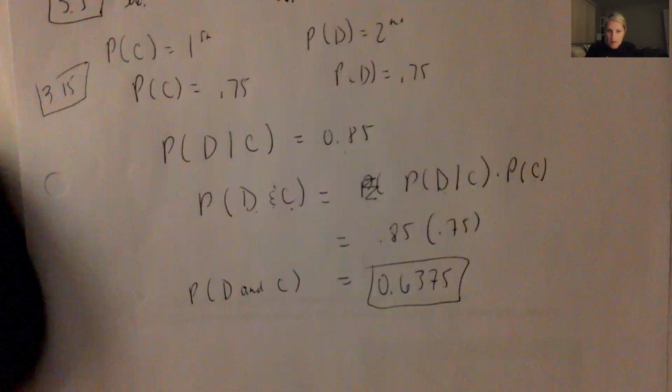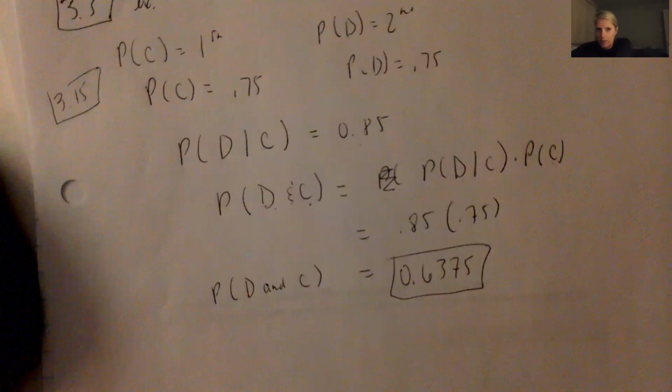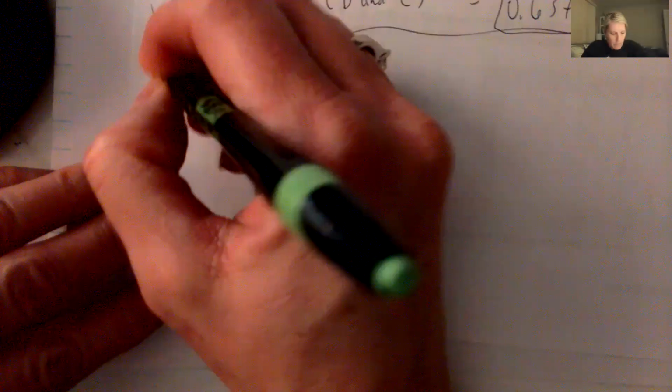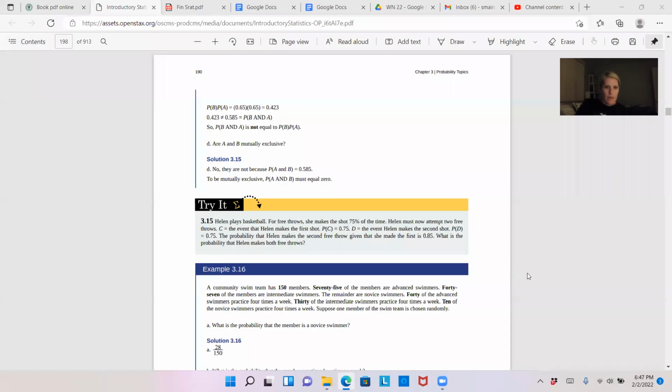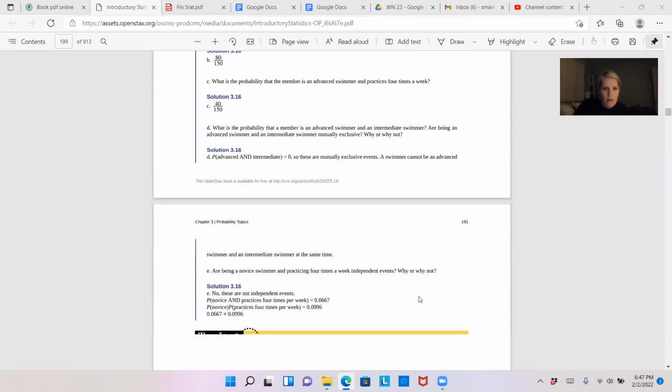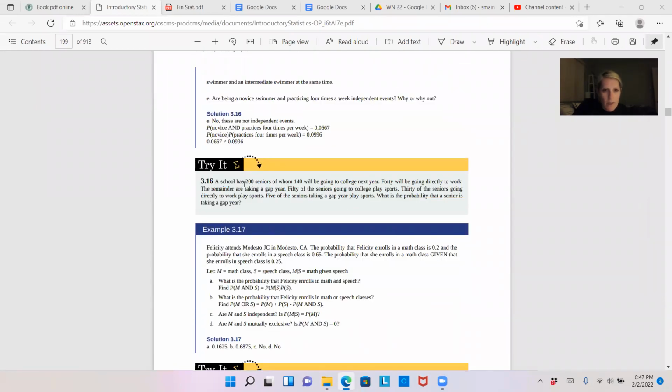So let's look at try it 3.16. I'm going to read it along with you. It says, a school has 200 seniors, of whom 140 will be going to college next year. 40 will be going directly to work.